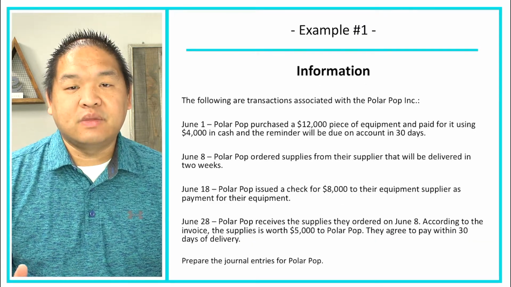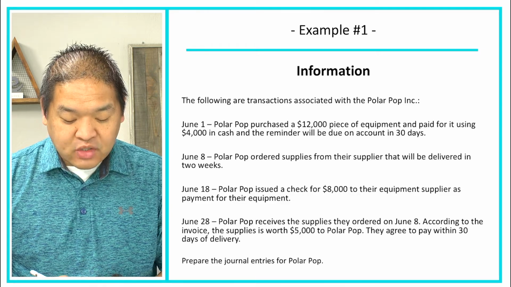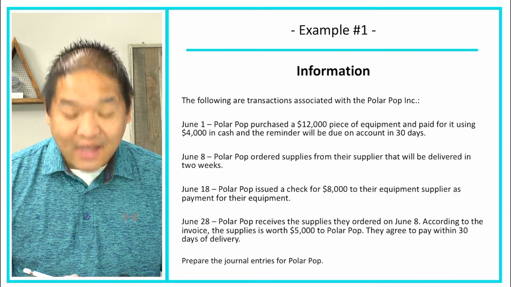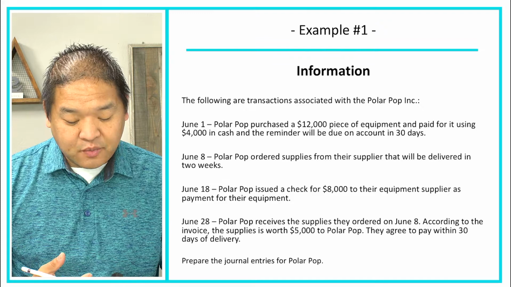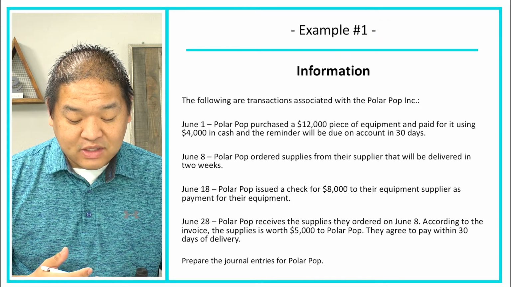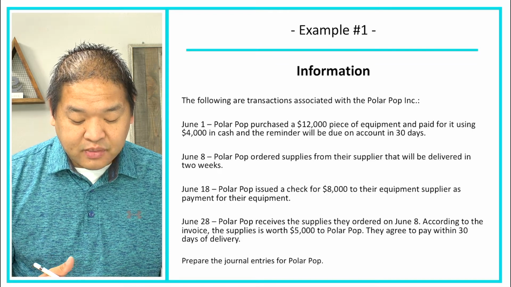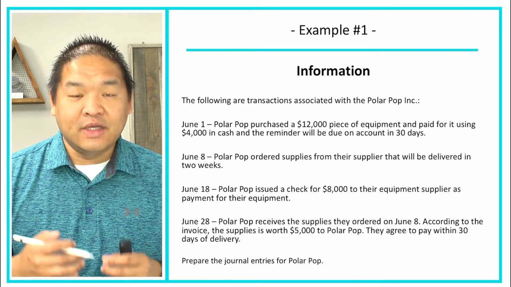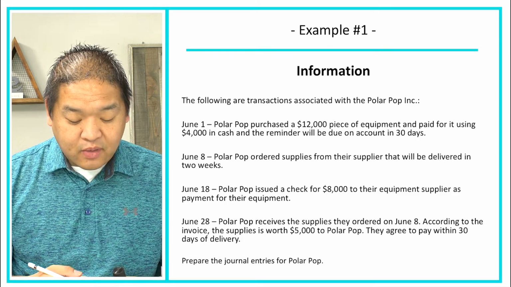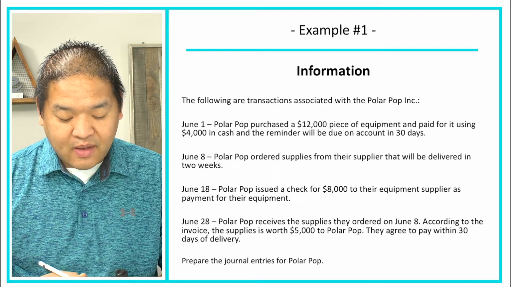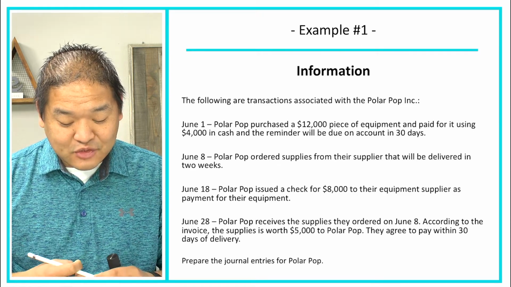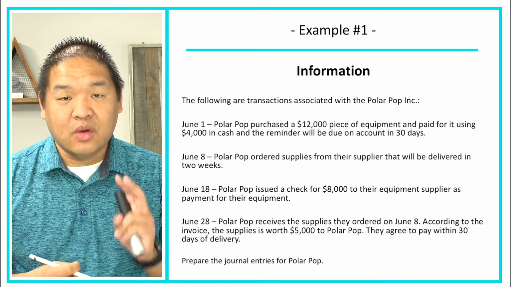We've got some information about this example. The following are transactions associated with Polar Pop Inc. On June 1st, Polar Pop purchased a $12,000 piece of equipment and paid for it using $4,000 in cash, and the remainder will be due on account in 30 days. On June 8th, Polar Pop ordered supplies from their supplier that will be delivered in 2 weeks.